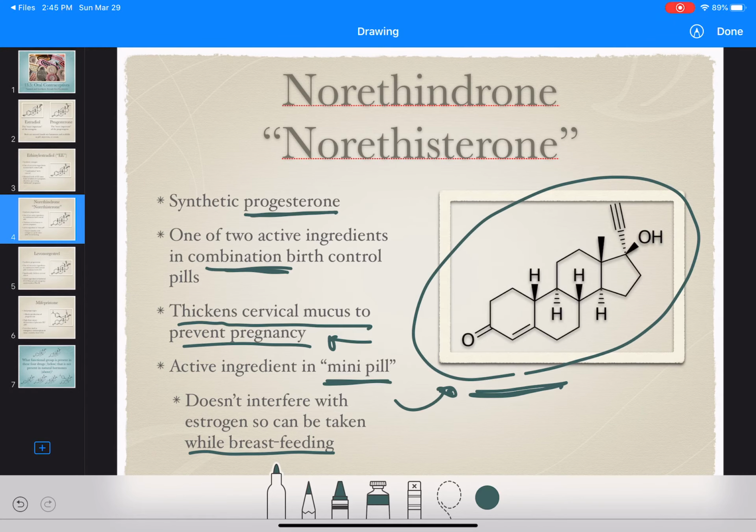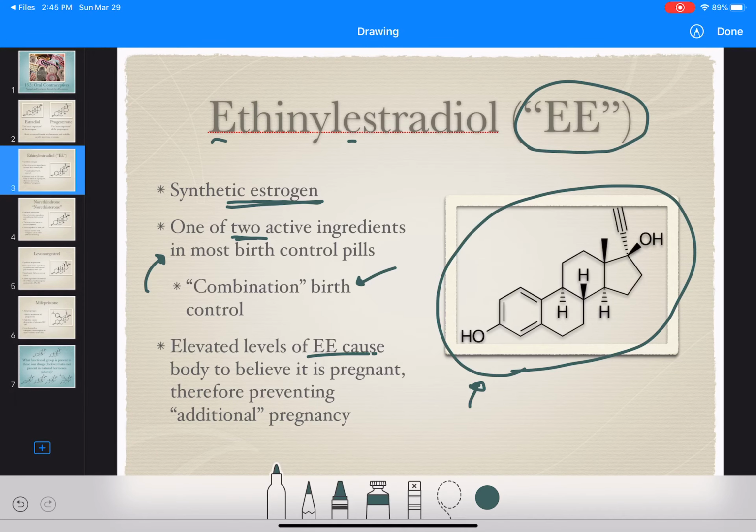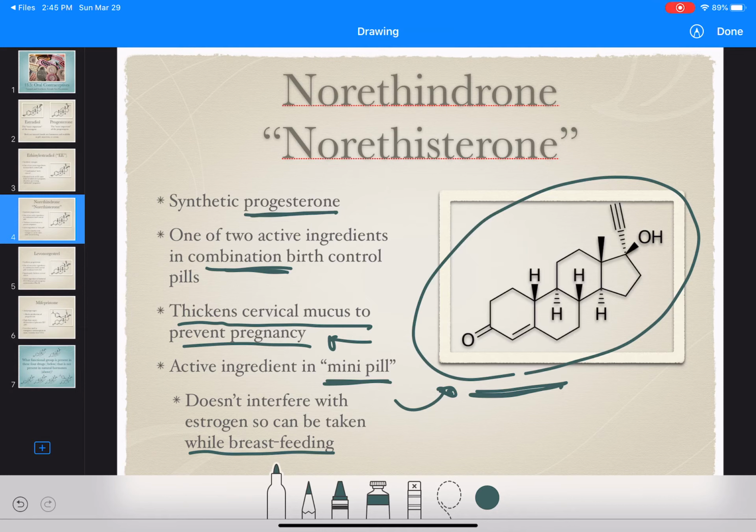If you're using ethinylestradiol plus norethindrone, our body has less risk of developing depression, and there's also a lower incidence of acne as a side effect. So you just kind of choose which one makes the most sense for the patient.